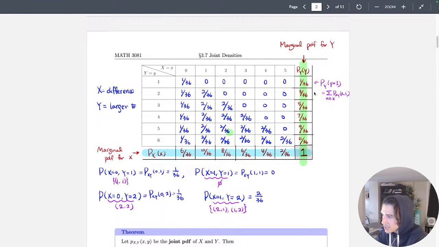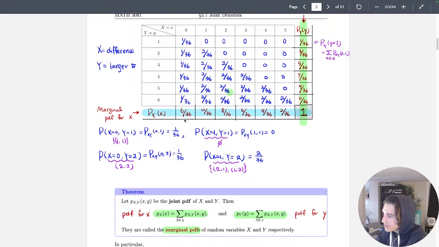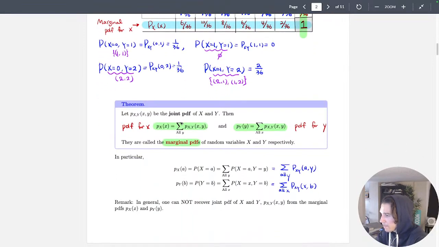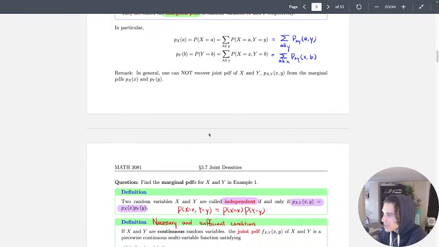The important thing to take away here is that the marginal PDF for y is taken by holding this value of y constant and summing up what that value is for all of the values of x, and vice versa for the marginal probability of x. Theorem, let the joint probability be the joint PDF of x and y, then probability of x. Okay, this is just reiterating the marginal PDF thing.